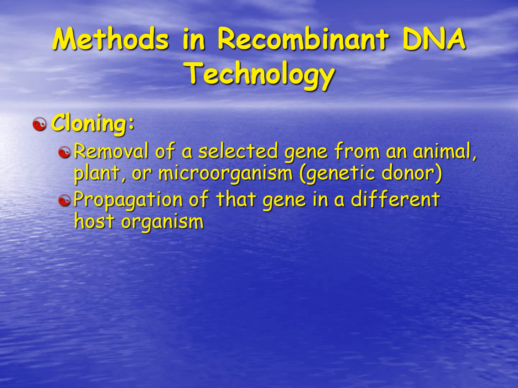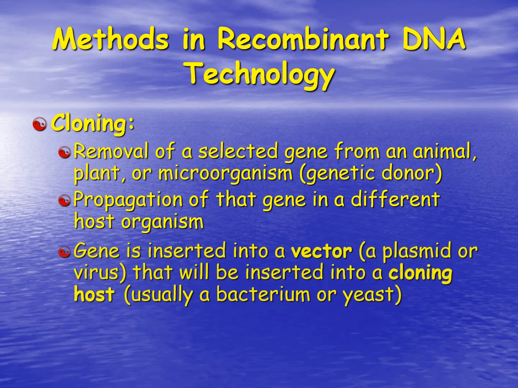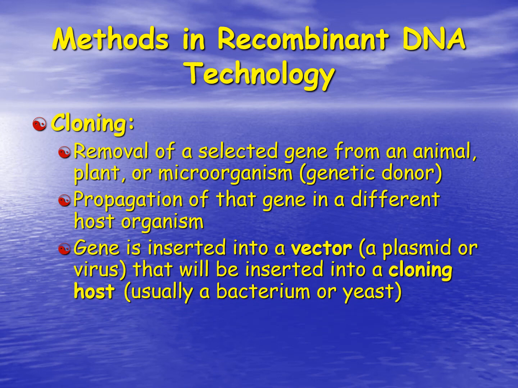It is then propagation of that gene in a different host organism that results in the genetic clones. The gene is normally inserted into a vector, either a plasmid or virus, that will then be inserted into a cloning host, which is usually either a bacterium or a yeast.